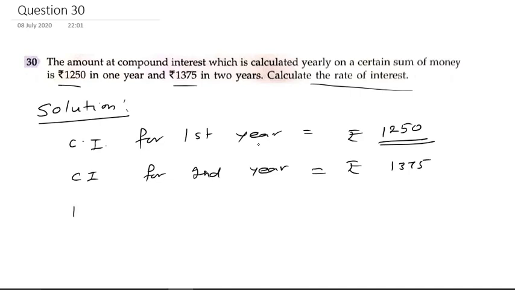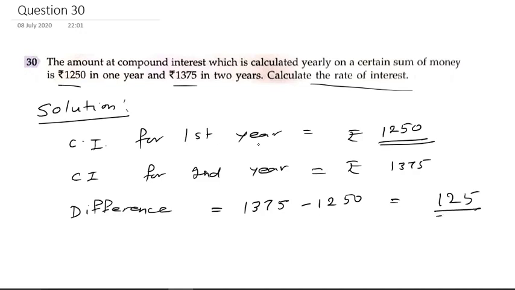Now we find the difference. So here the difference is 1375 minus 1250. 5 minus 0, 5, 7 minus 5, 2, 3 minus 2, 1 and 1 minus 1 is 0. So difference is rupees 125.